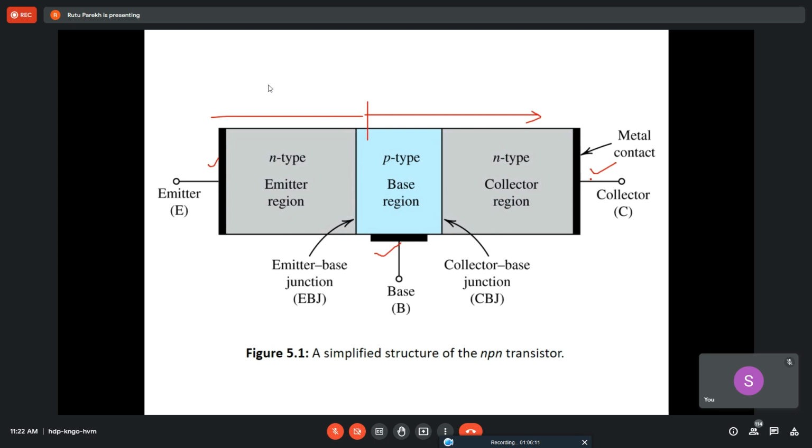Okay, so voltage sources are plus or minus, and here there are 3 terminals, so we'll be using 2 voltage sources. One voltage source will emit the electrons here, and they are emitted and they are lying there, but they are not running. If they are moving, then you say a current is generated.